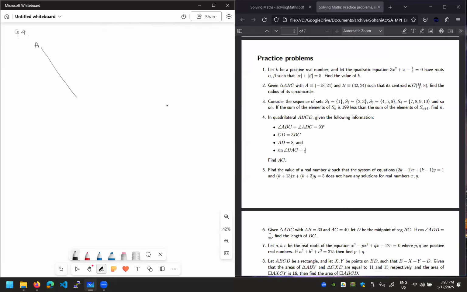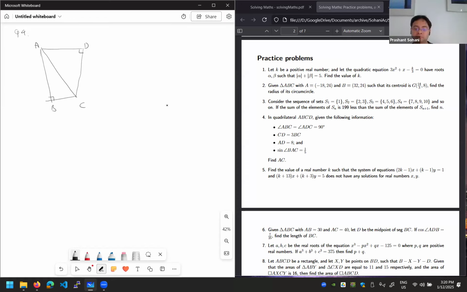So, sir, sine angle ABC is 1 upon 5. Yes. So first we can construct the figure, triangle ABC right angled at B, and then triangle ADC, right angled at D. Yes. So we'll take BC as x. Okay. And because of that, AC is equal to 5x, because sine of angle ABC is opposite upon hypotenuse, so therefore AC will be 5x.